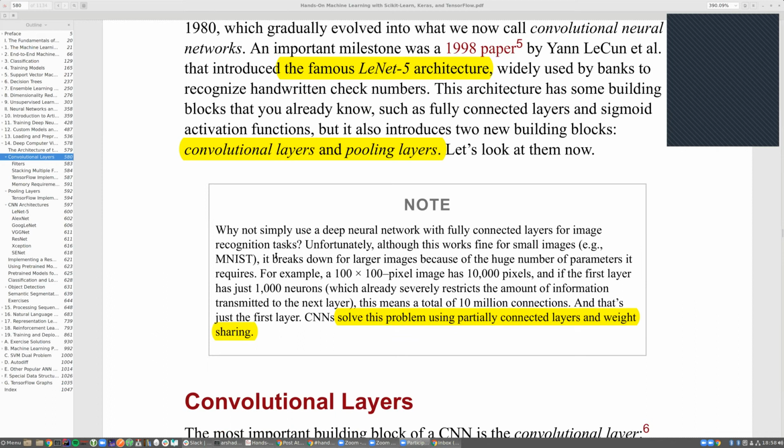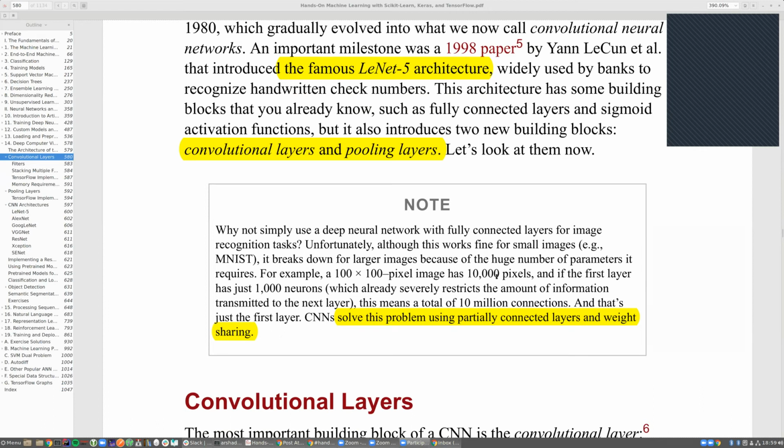Okay, so there's a little digression here, asking: do we really need convolutional layers? Can't you just have a fully connected network that will do the job? In theory, yes, that will do the job, but the problem is that you would have to have a really horrendously huge one. They give an example here: if you have a 100 by 100 pixel image, that's 10,000 pixels.